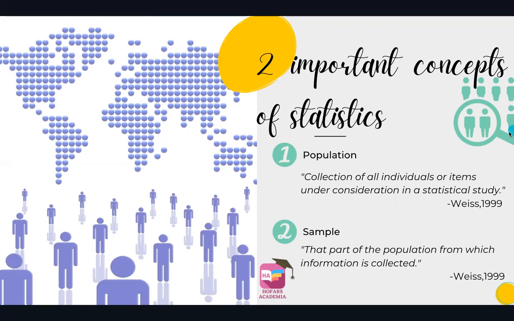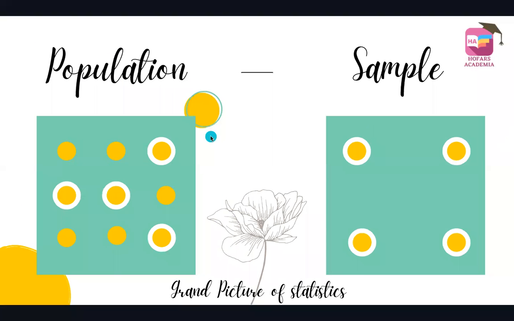To understand it better, we have this very famous grand picture of statistics. This is population, which will have all the variables or the elements, and some randomly picked data will form the sample.